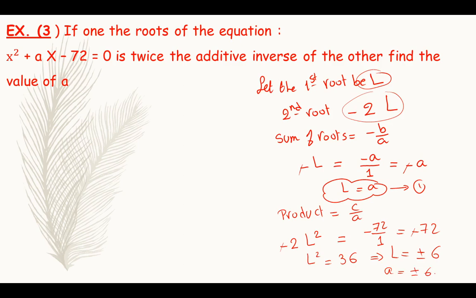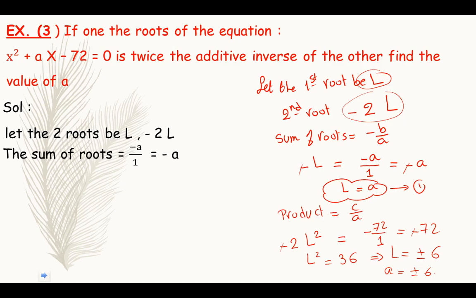Okay? Let's solve it again by using the PowerPoint. Solution. Let the two roots be L and negative 2L. Twice the additive inverse: twice means 2L, and the additive inverse is negative L. So L and negative 2L. The sum of the two roots equals negative b over a.